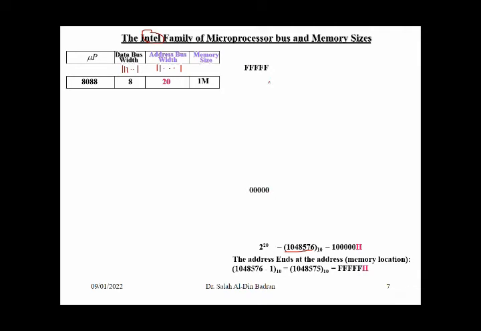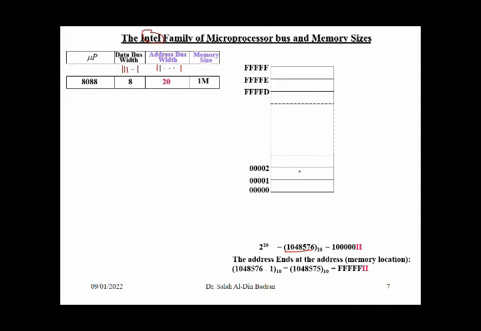So the total number of bits, we have 5 hexadecimal digits, which means 5 multiplied by 4, we will have 20 bits. These 20 bits, or these 5 Fs, came from this subtraction. And these are zeros. We wrote it here.